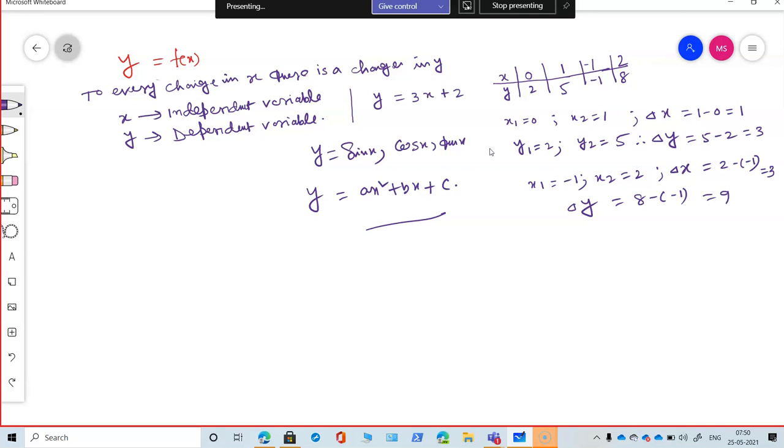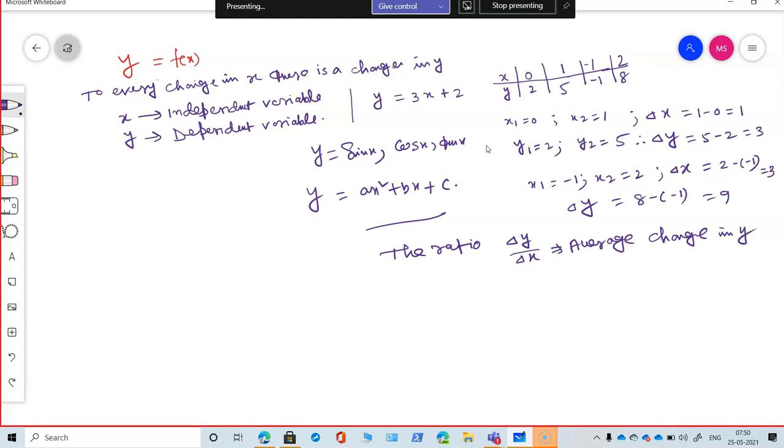Now, when you find delta x, that is change in x, and delta y, change in y, then this ratio delta y by delta x is referred to as average change. Average change in y.